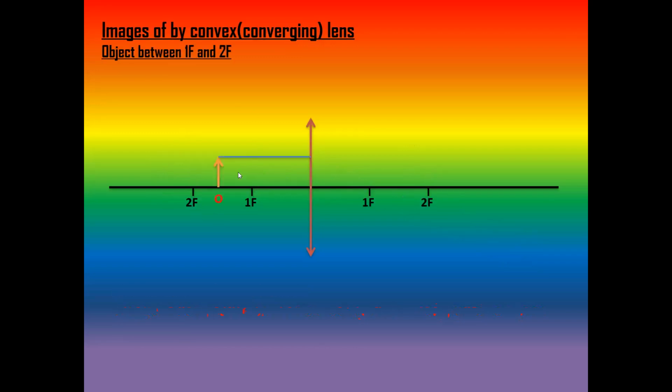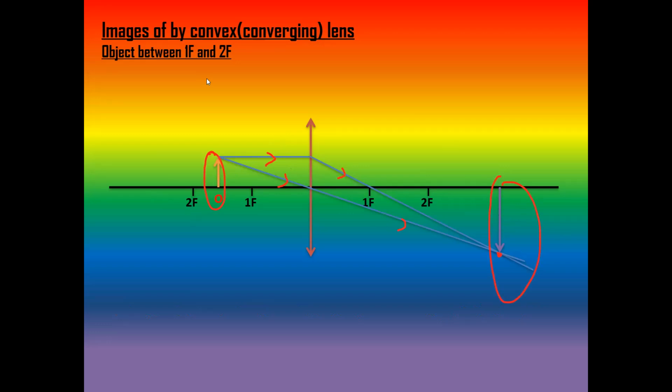But if the object is between f and 2f, closer to the lens, the parallel light ray will pass through the focus, and one through the center will pass straight. You can see that when these two light rays intersect, they converge at a point, and at this point the image will form. So when the object is between f and 2f, the image is formed after 2f.